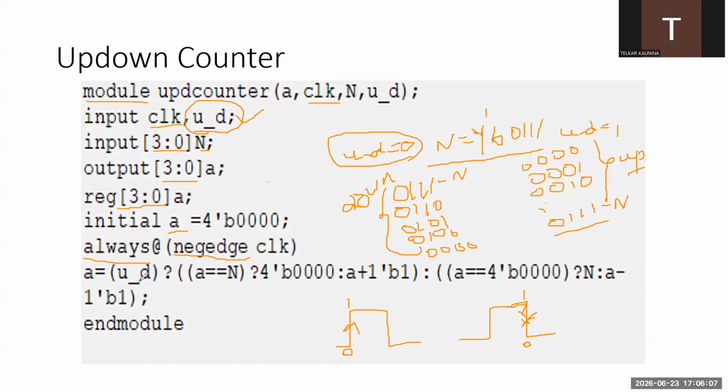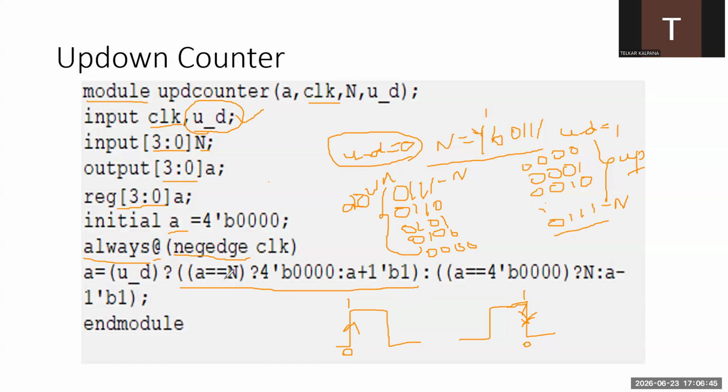So that is the meaning of this statement. First of all, it is checking whether u_d is 1 or 0. You can give this option of u_d in the test bench, whether you make it 0 or 1. So let us see, for example, u_d equals 1. If u_d equals 1, then this part of the statement is going to be assigned to A. When we observe this part, again there is a condition.